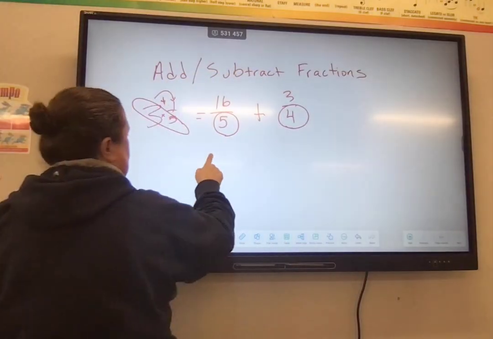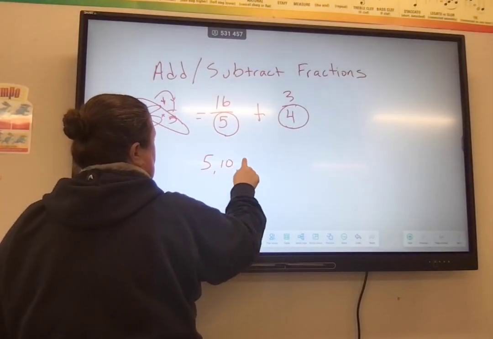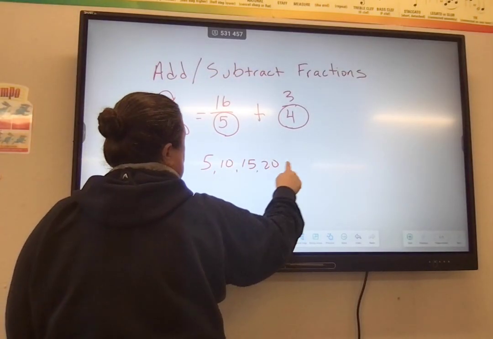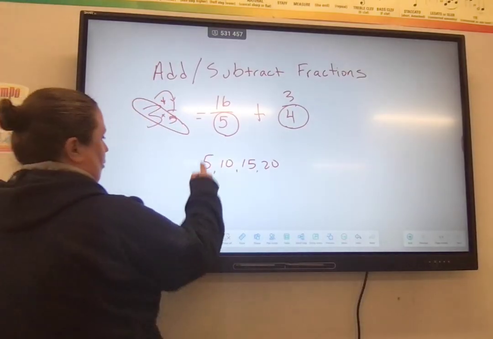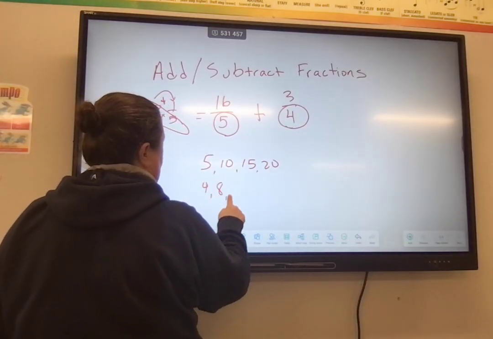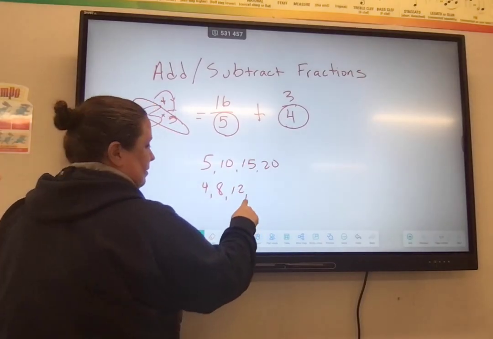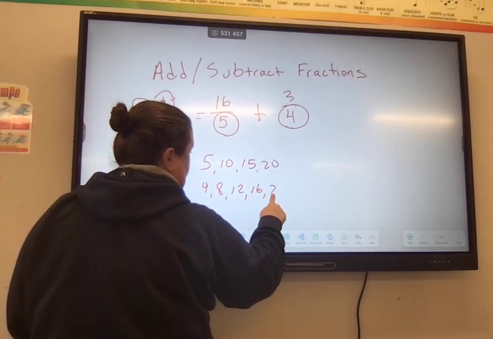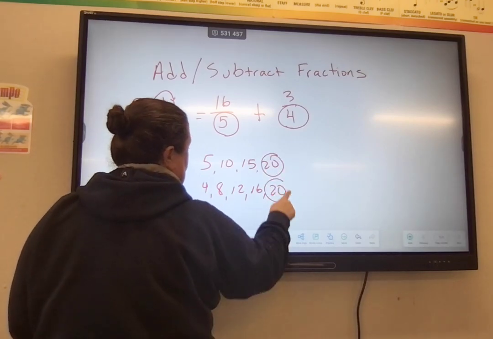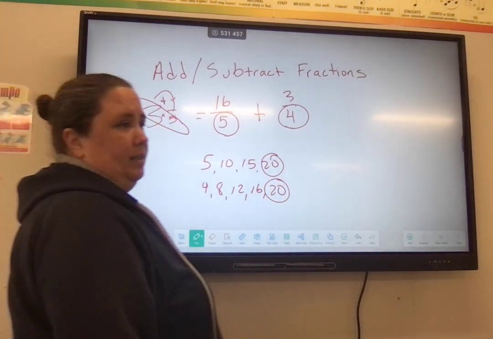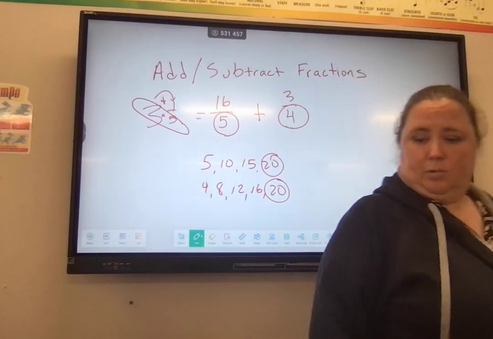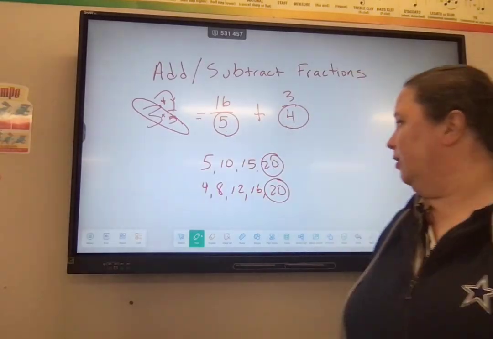So if I were to do this, I could say 5, 10, 15, 20, and so on, correct? 4, I go 4, 8, 12, 20. So then you get to it quickly, right? So we know our least common multiple, or least common denominator here would be 20.